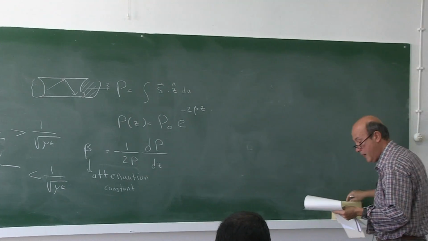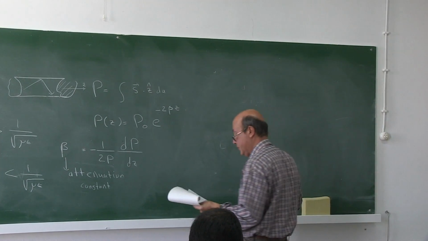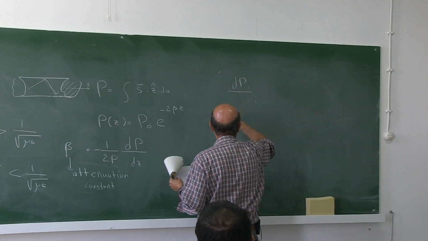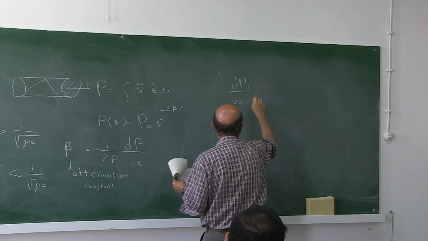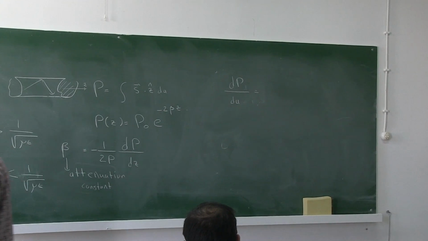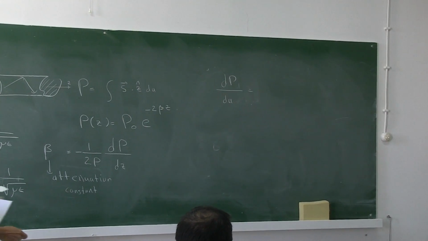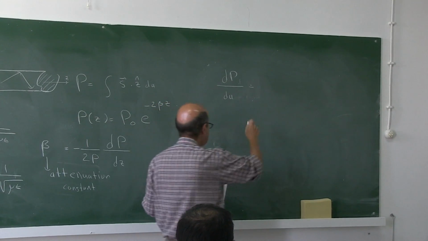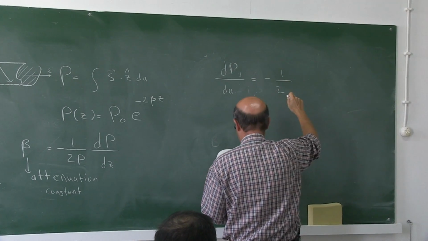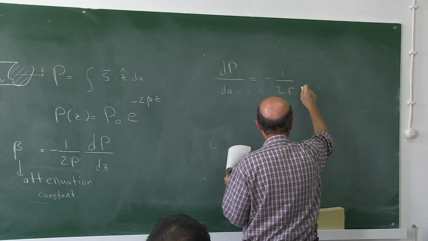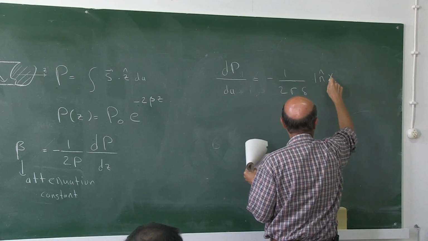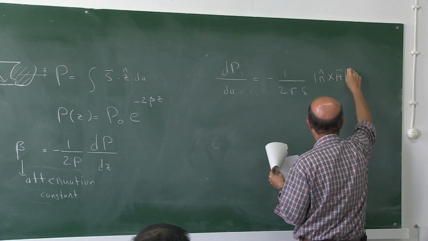And if you remember, we found an expression for the power loss per area at the surface of the conductor. That expression was equal to 1 over 2 conductivity times the skin depth times n cross H squared.